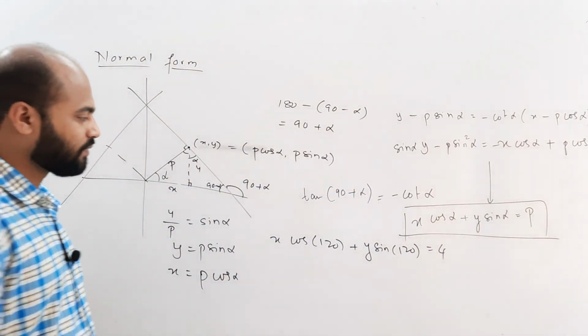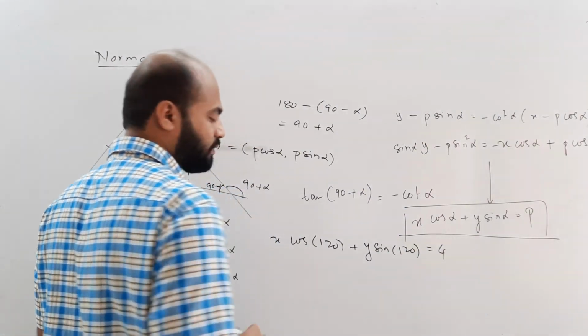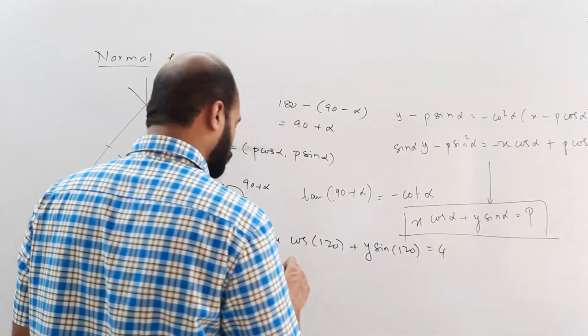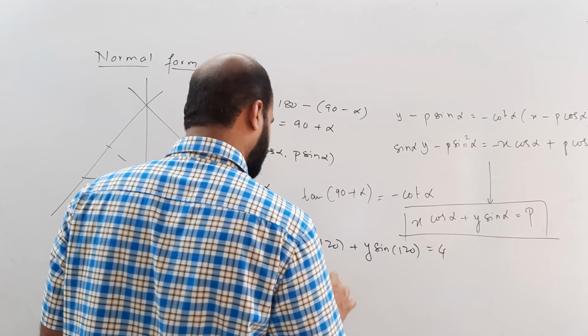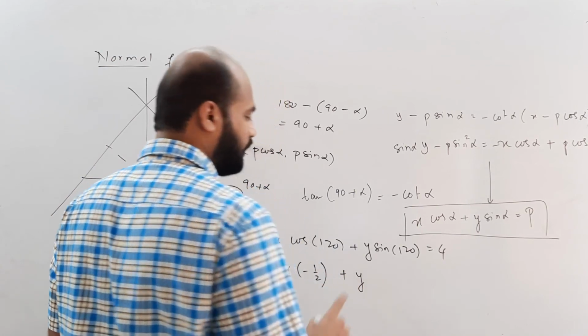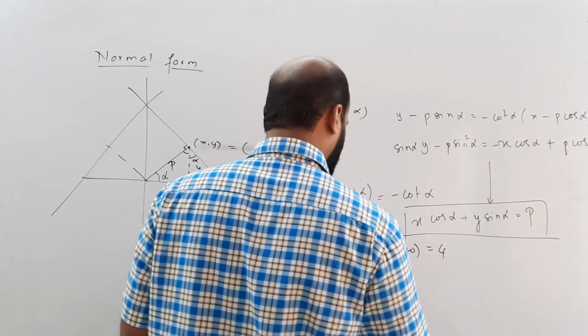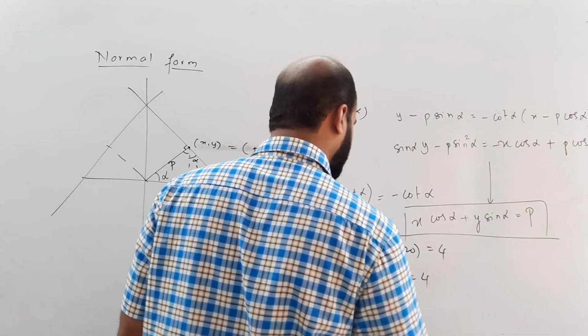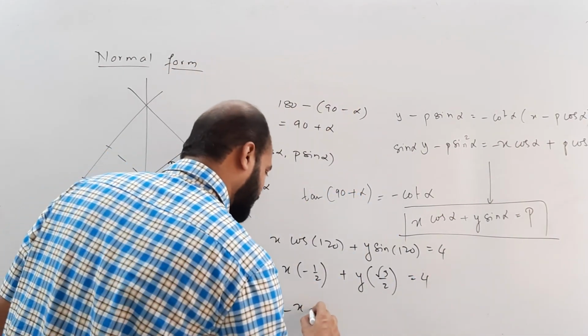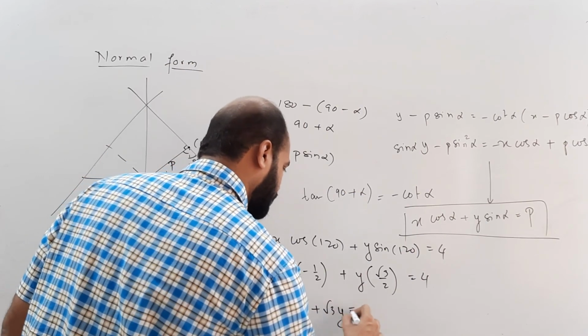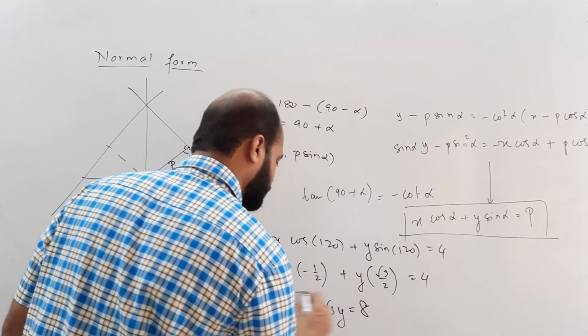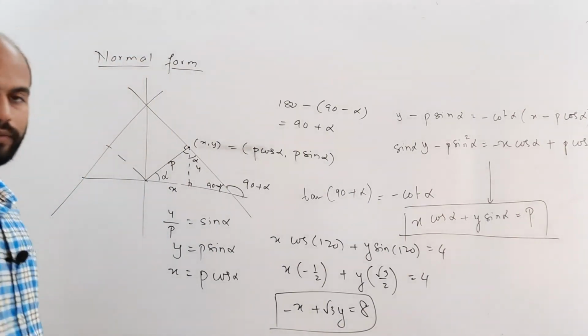Now cos 120 is cos of 180 minus 60, which is minus half, so x into minus half, plus y into sin 120, that is sin of 180 minus 60, which is positive root 3 by 2, is equal to 4. So the answer is going to be minus x plus root 3 y is equal to 8.